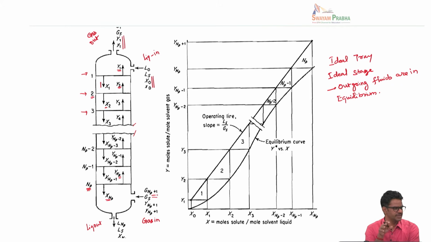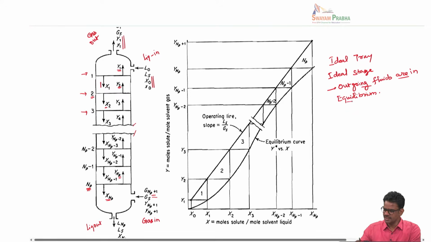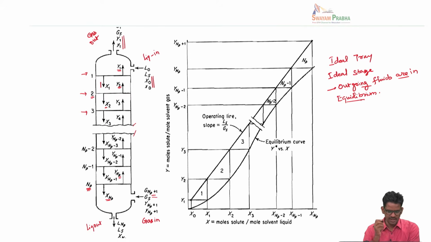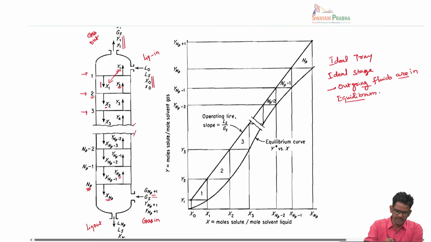Now when I say the outgoing fluids are in equilibrium for an ideal tray, or theoretical stage, you will see x1 and y1 will be at equilibrium. Similarly, x2 and y2 will be in equilibrium. What that means is, when the two fluids are brought into contact in a particular tray, there is enough time for the gas and liquid to mix so that the mass transfer comes to completion.